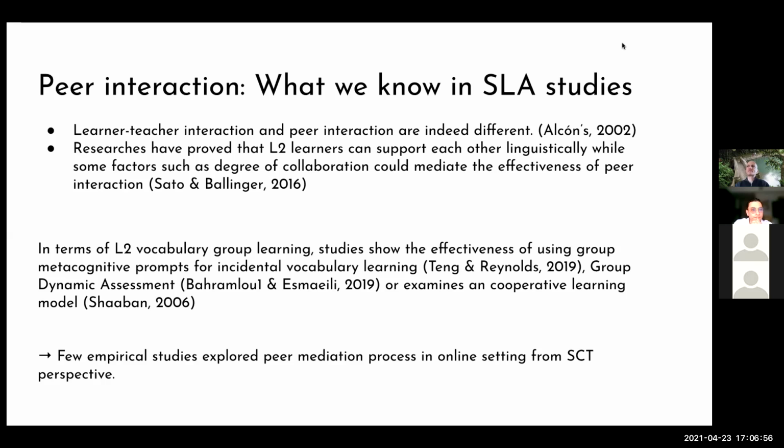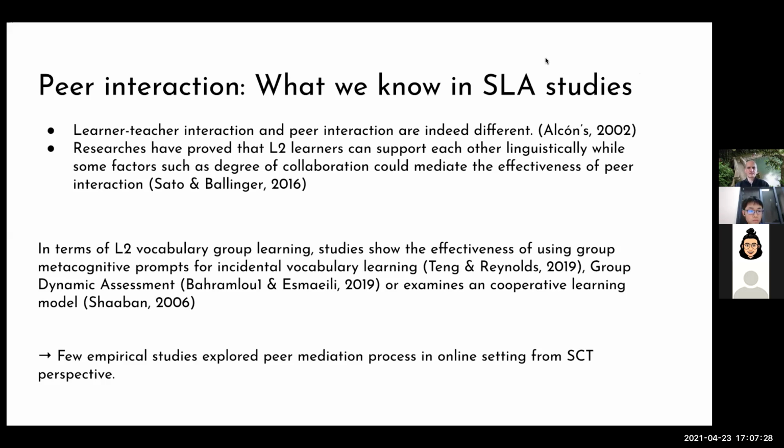So, just to briefly summarize what we know about peer interaction in SLA studies: since the interaction hypothesis in the early 1980s, there are a host of studies exploring the effect of different kinds of interactions, and learner-teacher interaction and peer interaction are indeed different.